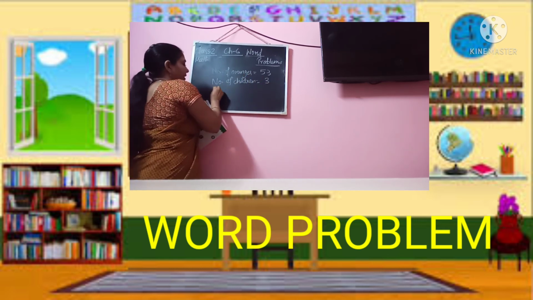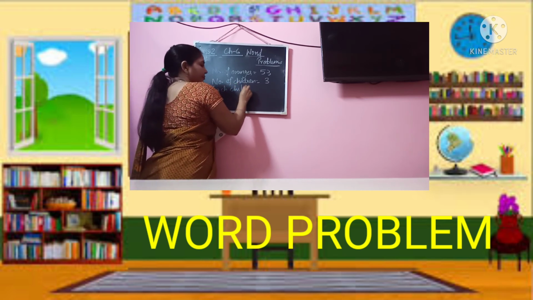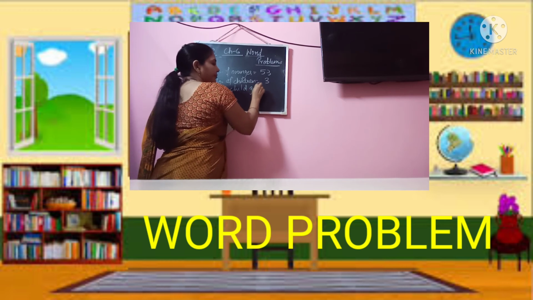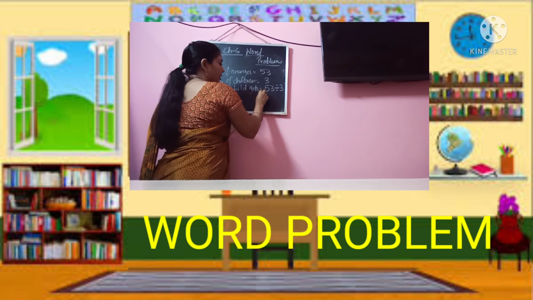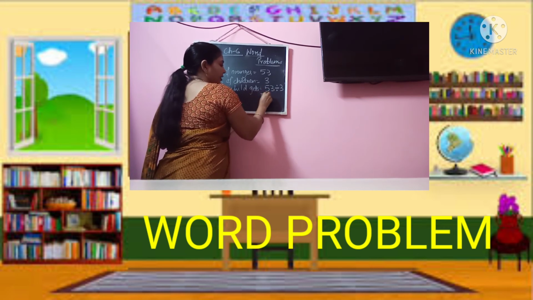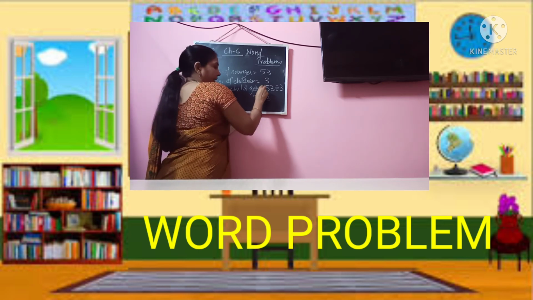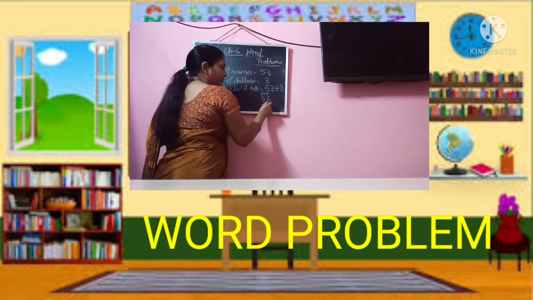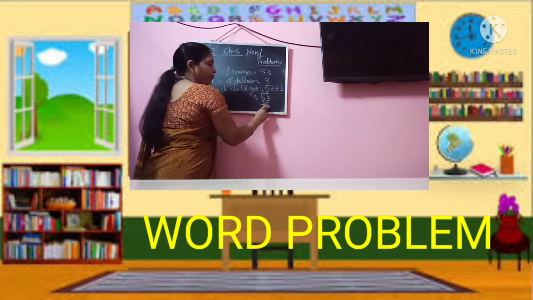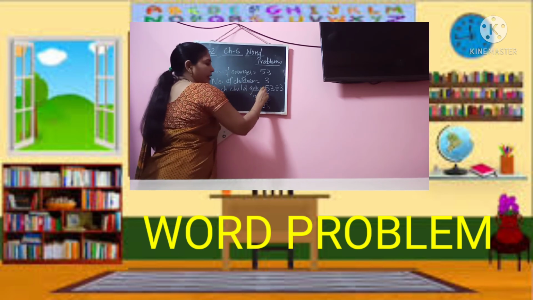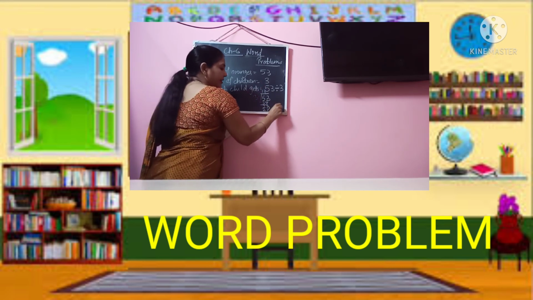Okay, each child get 53 divided by 3. Let's do the division. 53 by 3. So again I am going to take 1 time 3 minus 5, 2, copy this 23 here, 23, then 7 times 21 and remainder is 2.